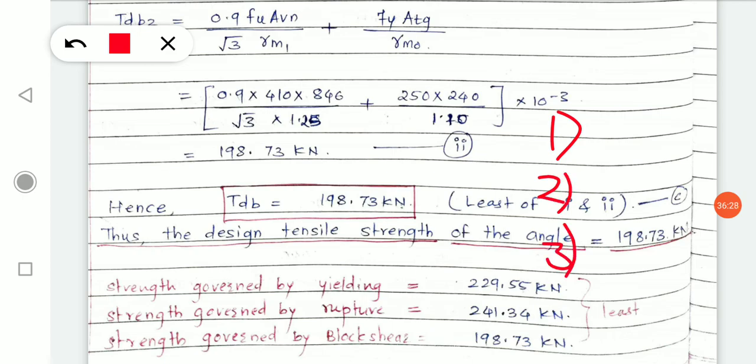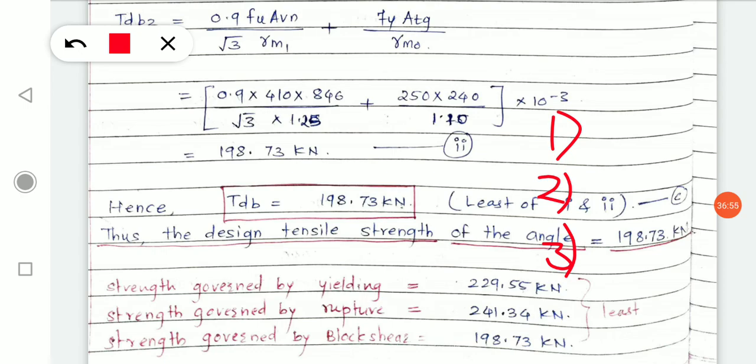First strength is for yielding, second one is rupture, and third one is for block shear. Now the question is, at what strength will the section fail? Will it fail in yielding, will it fail in rupture, or may it fail in block shear? It is simple.